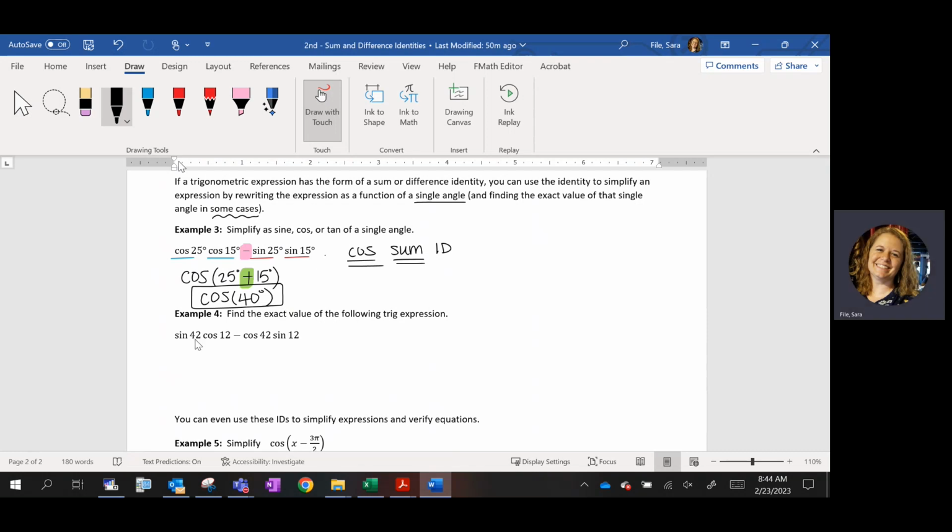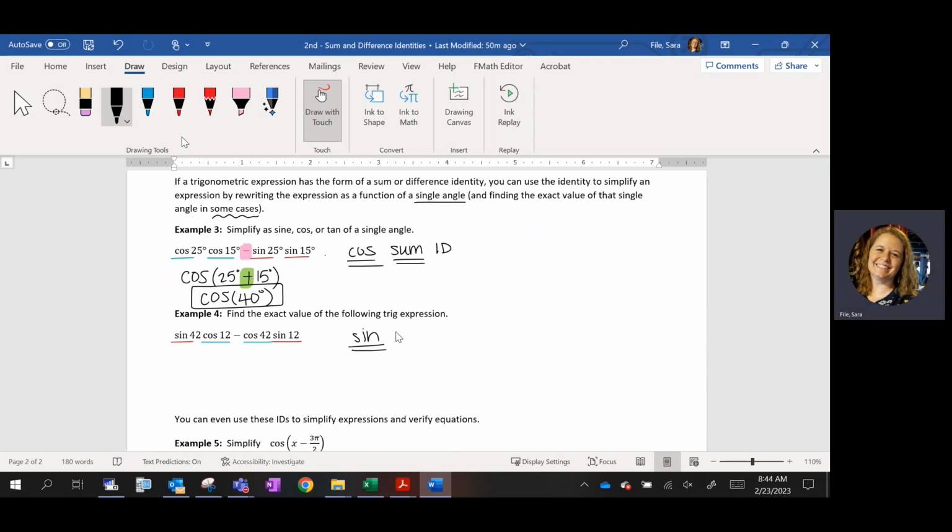But on this next one, we've got our sines and cosines mixed together. So which identity form is this going to be? This one's going to be sine. Okay, and do you change the positive, negative, or leave it? So this is a difference.